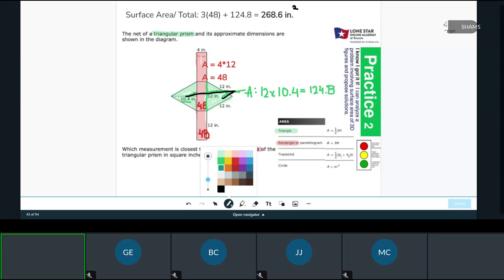Okay, breakout rooms ended. I didn't realize that breakout rooms ended. Kim, you got a different answer and I tried to call you out, but you were in a different room. The individual triangle was 62.4, if this is what you did. For individual triangles, it is 62.4. The collective triangles were 124.8.